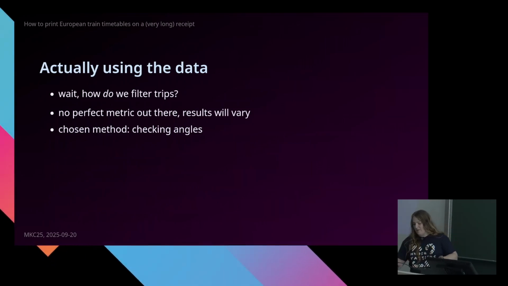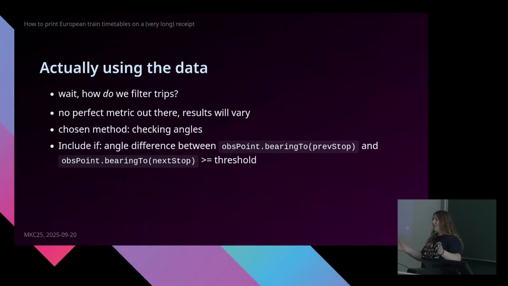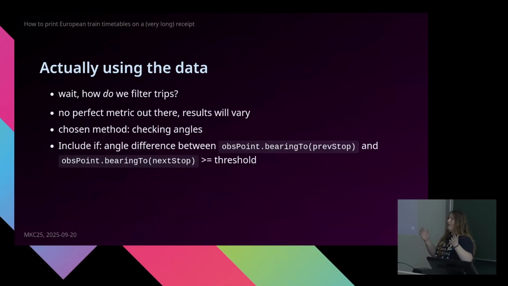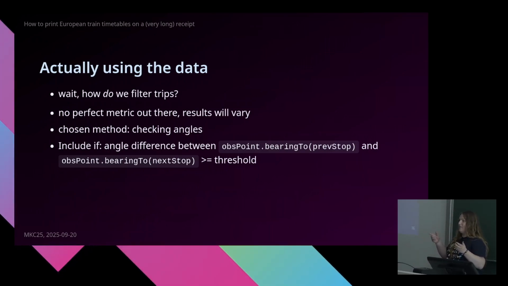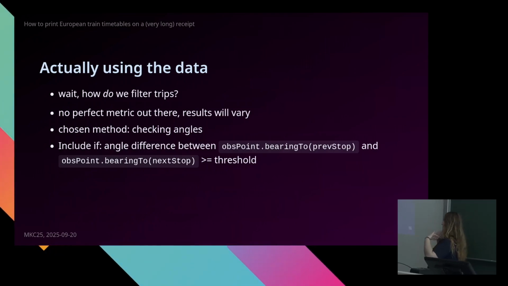Basically, we can check bearings, where we look at the bearings between the previous stop and the next stop and compare them. The main idea behind this is that if a segment is not going to be relevant for us, then the bearing from our position to the two points is going to be very small.